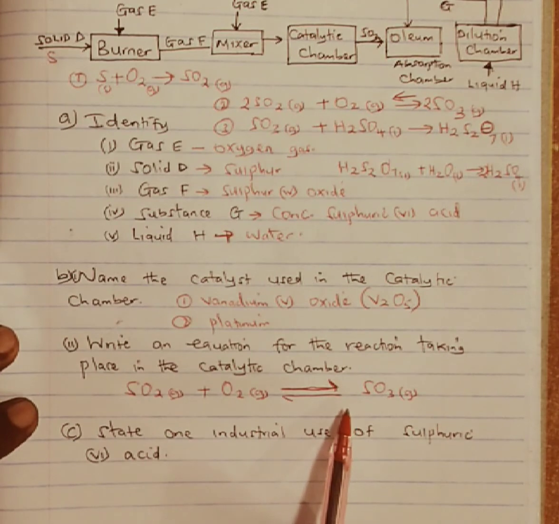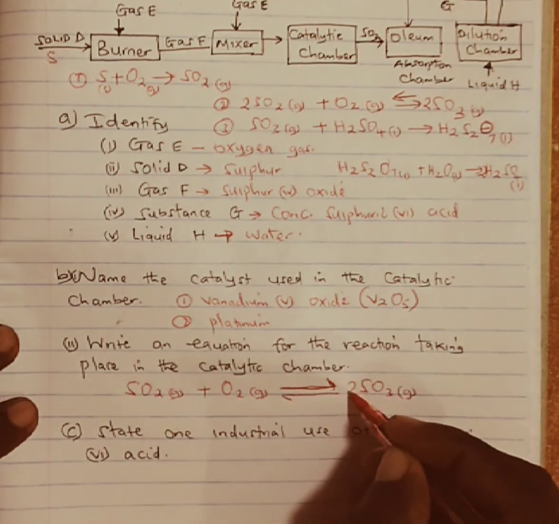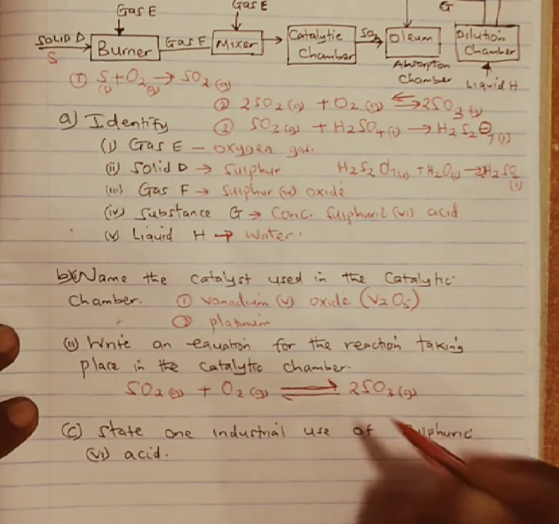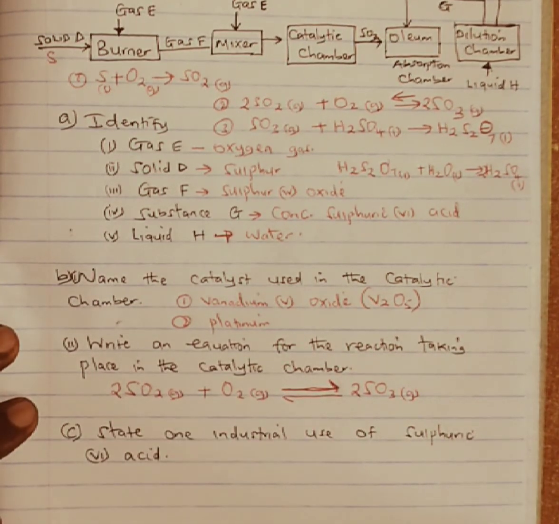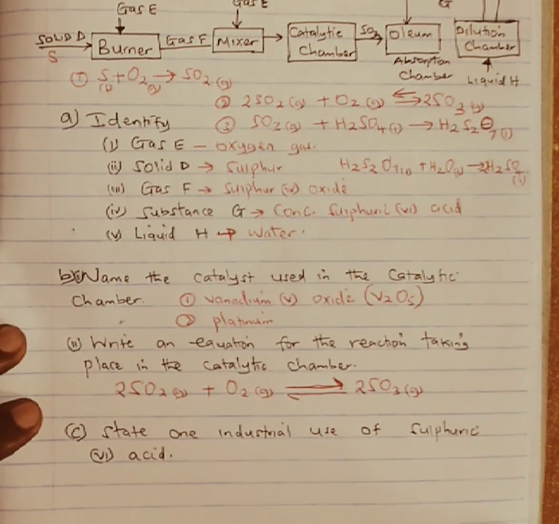For us to balance the equation, we are going to write 2 behind sulfur 6 and then 2 behind sulfur 4 oxide for the equation to be balanced.